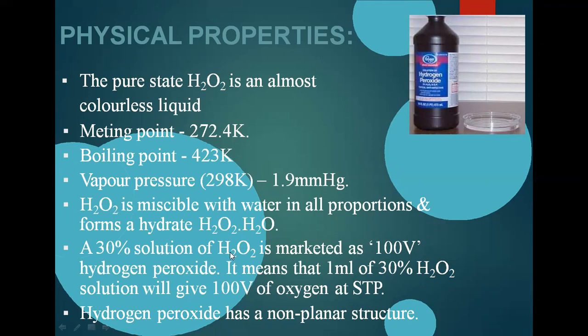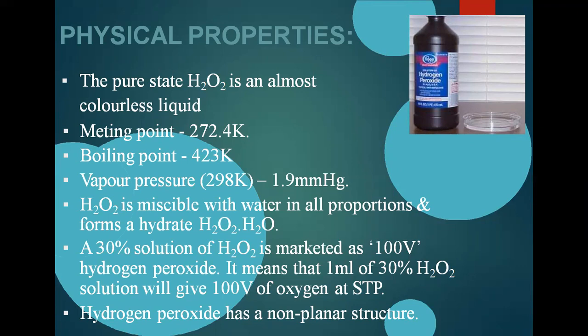A 30% solution of H2O2 is marked as 10V hydrogen peroxide. It means that 1 ml of 30% H2O2 solution will give 10 V of oxygen at STP. STP means standard temperature and pressure, but this will become different when we go for NTP, normal temperature and pressure.